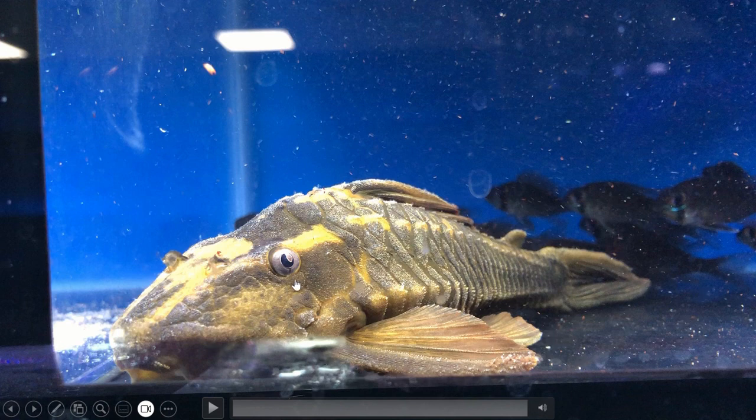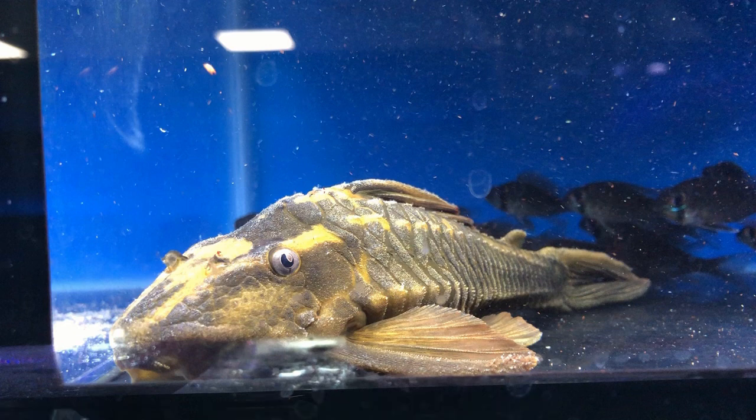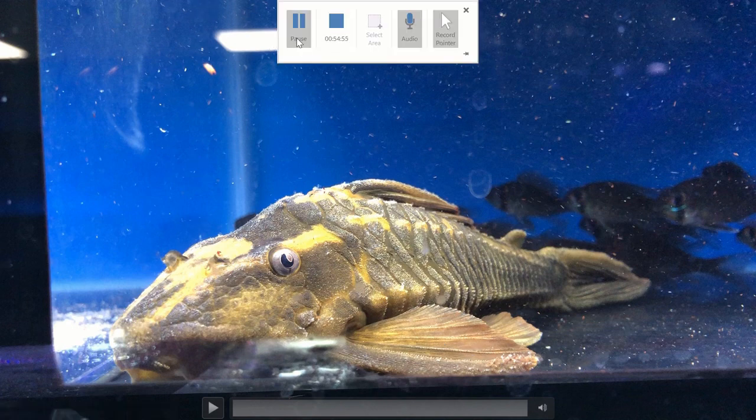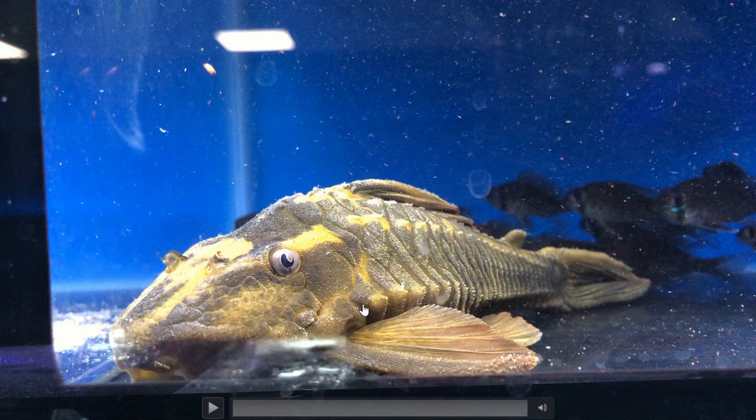So this is in the Cochliodon clade of Hypostomus. So Hypostomus basilisco. The Cochliodon clade is very similar to Panaque. They have spoon-shaped teeth. They're designed to eat the microbes within wood. But you can see here it's got the higher body compared to a lot of other Hypostomus, but it's quite varied.